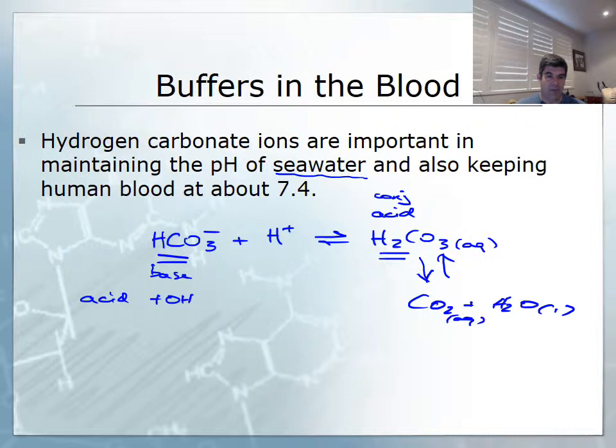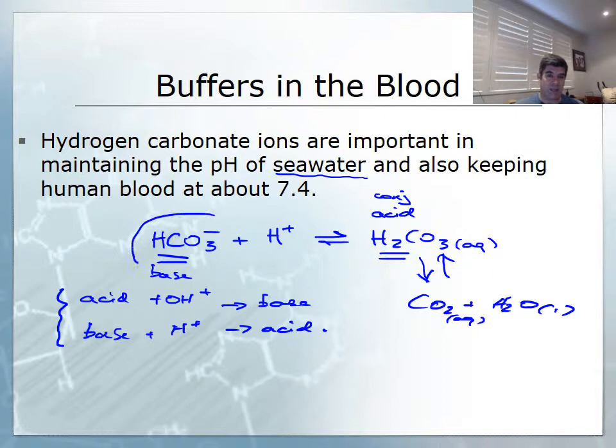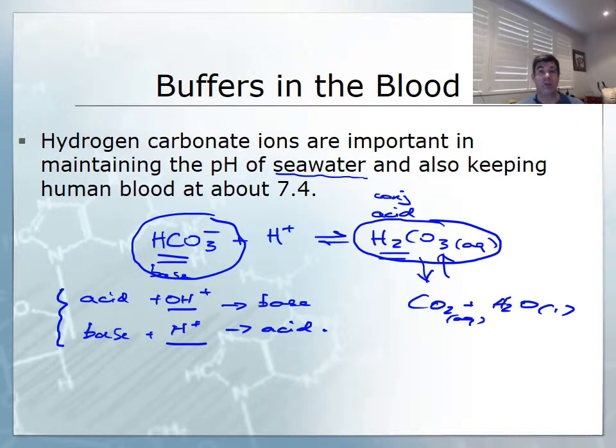And then obviously the base is going to take up any excess hydrogen ions to form the acid. So this one is likewise acting as a buffer solution because again we have two species in roughly equal concentrations and an equilibrium existing between them that allows any changes that are made in terms of acidity to be counteracted as the equilibrium shifts.